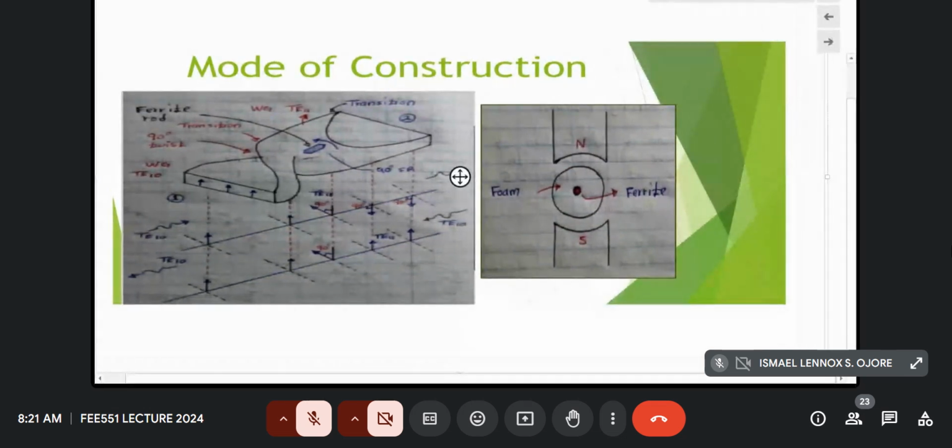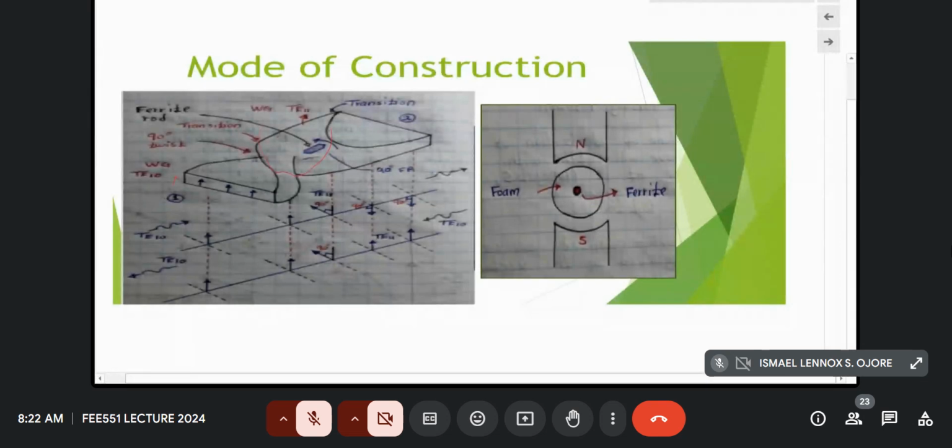For its mode of construction, at port 1 you'll have a rectangular waveguide. Then at the center, you'll have a circular waveguide. And then at port 2, you'll again have a rectangular waveguide. We are transitioning from rectangular waveguide to circular waveguide via a twist.